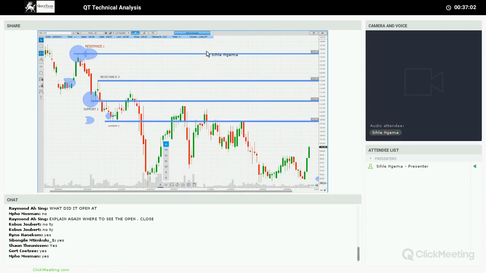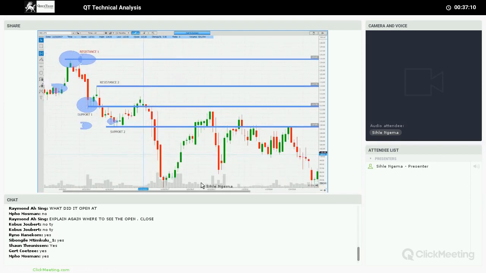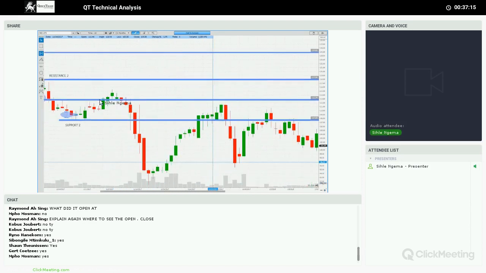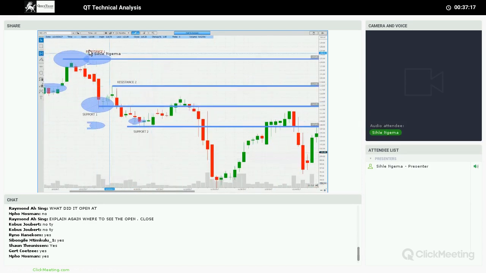Now on this support 2, as you can see, let me zoom in right now. Can everyone see my resistance 1 there at the top, support 1, resistance 2, and support 2?